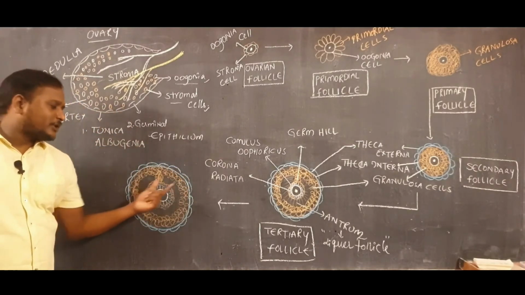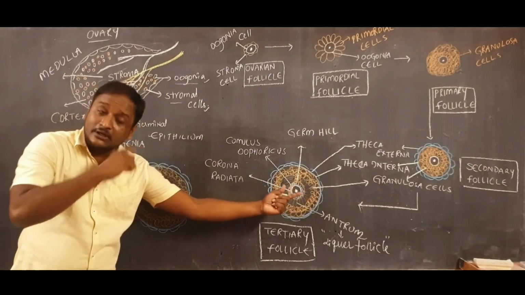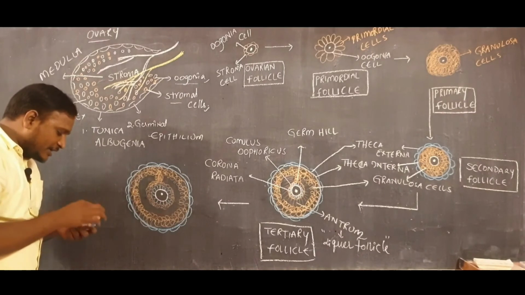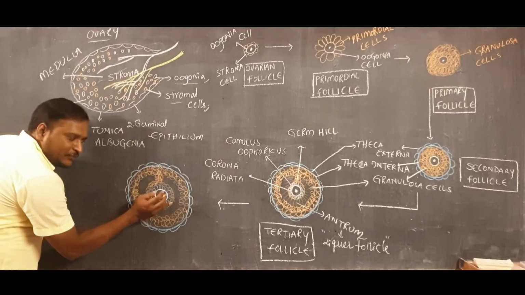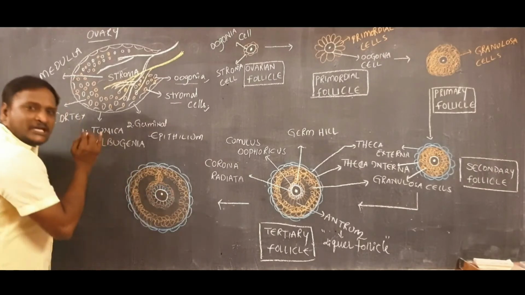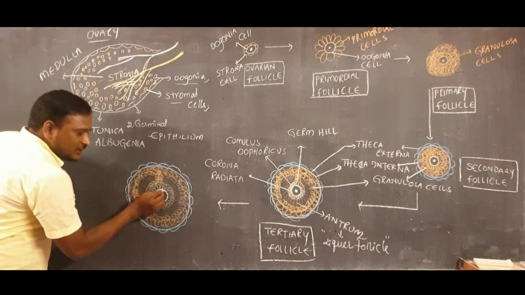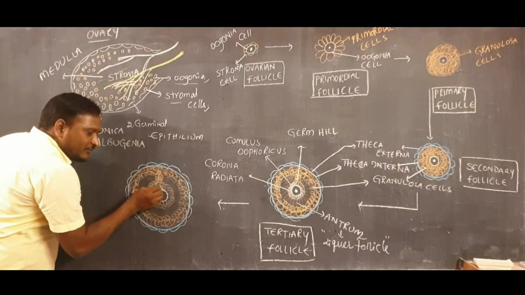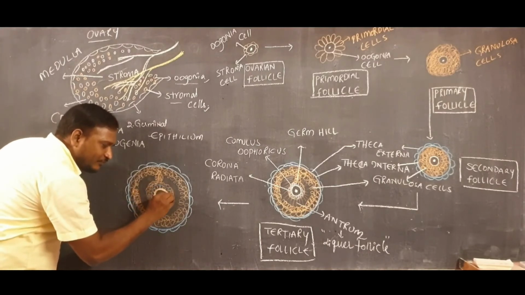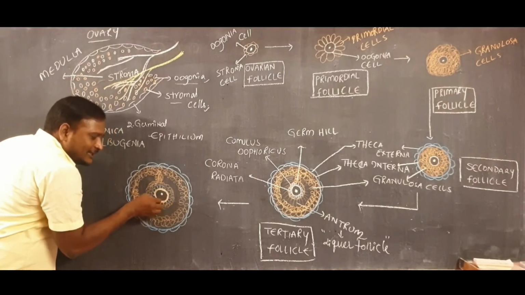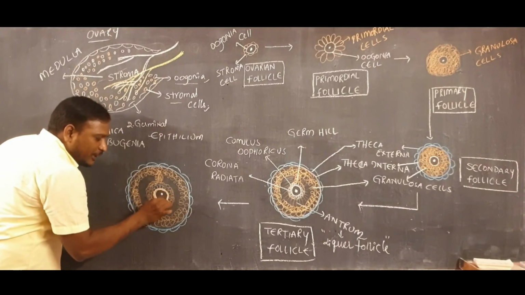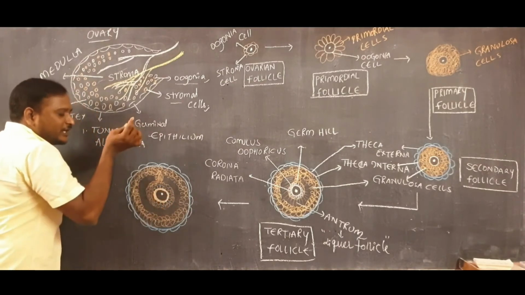Likewise, different layers are present as in this tertiary follicle. But the difference between tertiary follicle and this Graafian follicle is when you observe the female gamete, there are corona radiata present. So here they form one layer, corona radiata along with the female gamete or egg cell will produce another layer.